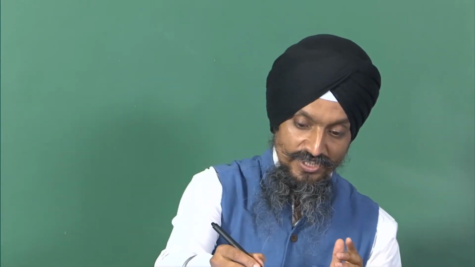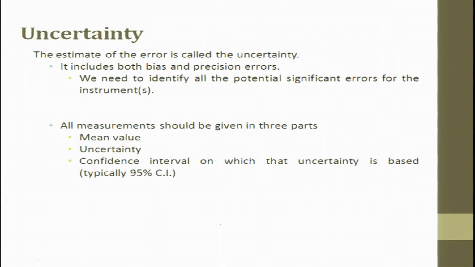So, uncertainty is the estimate of the error. The estimate of the error is known as uncertainty. It includes both bias and precision errors. We need to identify all the potential significant errors for the instruments. The word significant is being used again and again here.